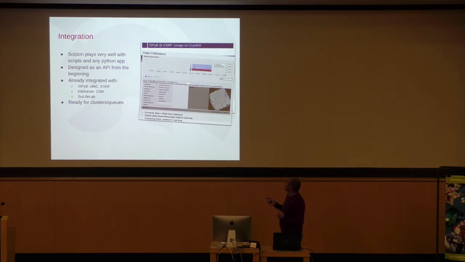In this case, they added some other information like atlas information, but basically all this is triggered and sent by Scipion. This is a completely different system. This is what they use to store the data and the visits.